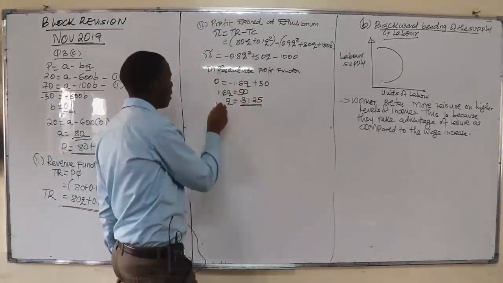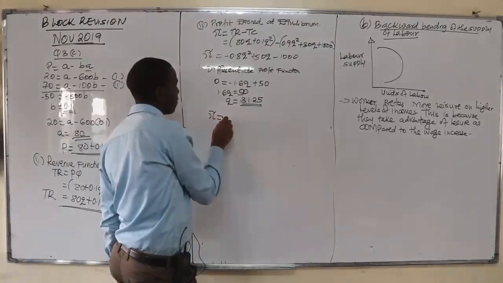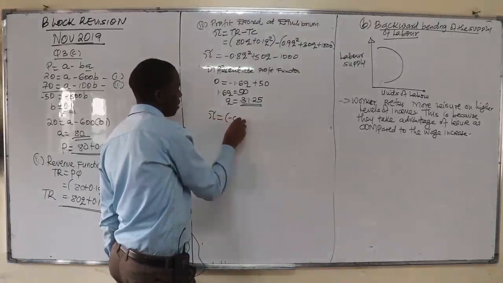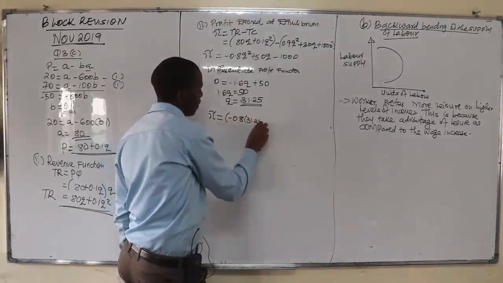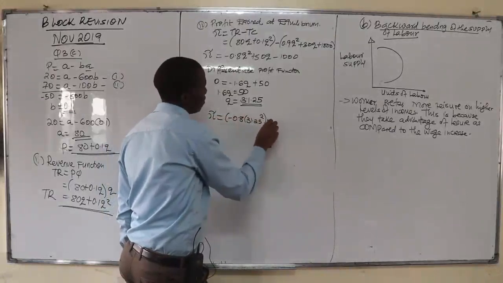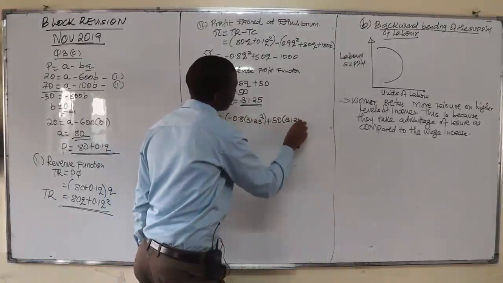And now we replace it from there. So our equilibrium profit will be negative 0.8 multiplied by that 1.25 squared, plus 50 multiplied by that 1.25.